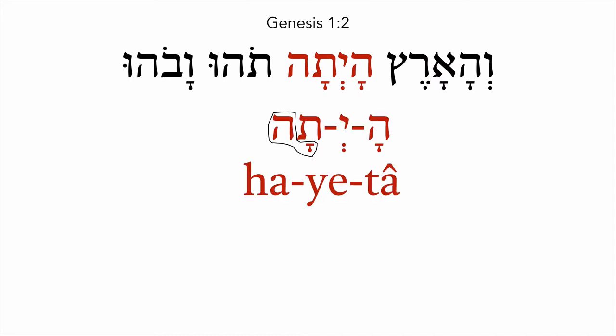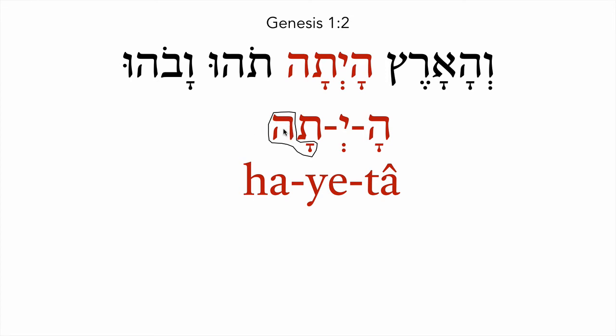Hayta. This is a little tricky. This is hey plus kametz, so the long A, ha, and then the yud is actually a consonant. So, y, a yud with the little mini vocal shwa. Ha, y, and then tav, kametz hey.